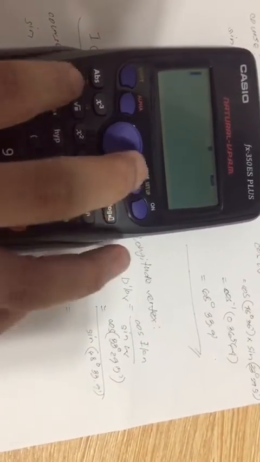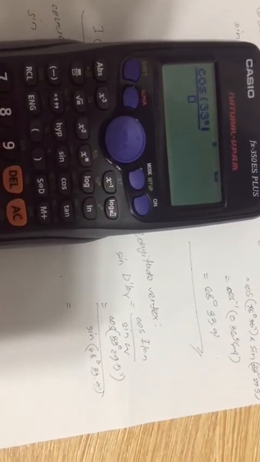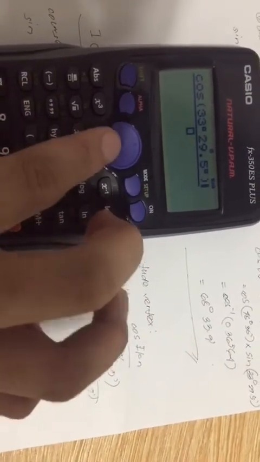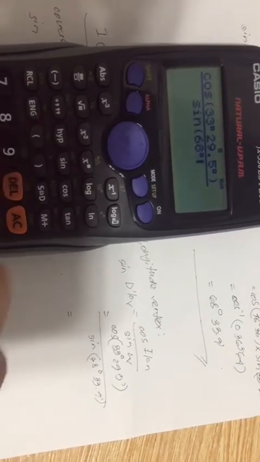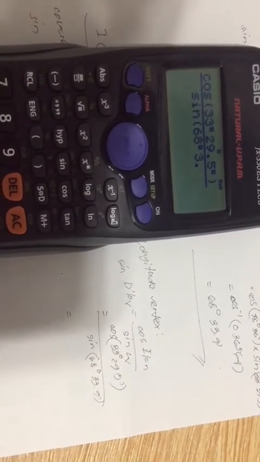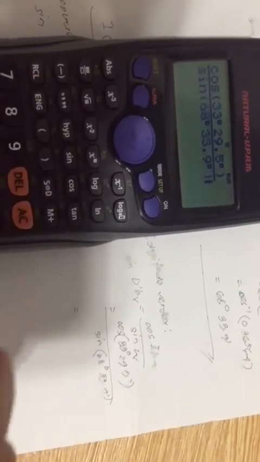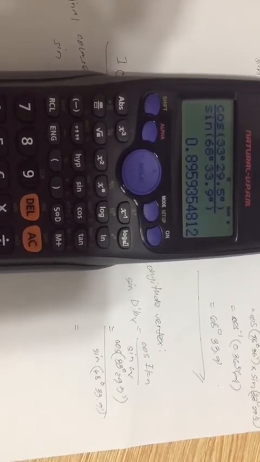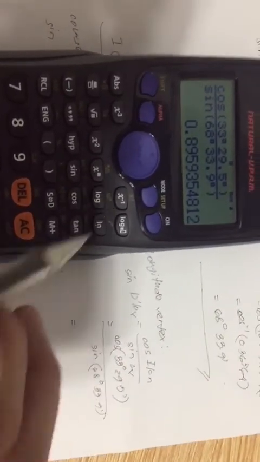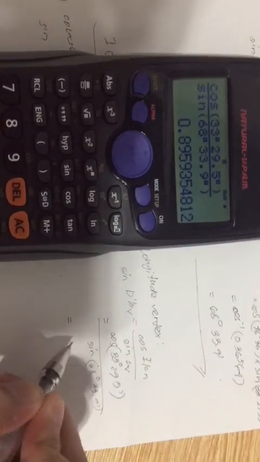Cosine 33 degrees 29.5 minutes over sine 68 degrees and 33.9 minutes is equal to 0.895935. So after getting the answer here, we will inverse it to sine.